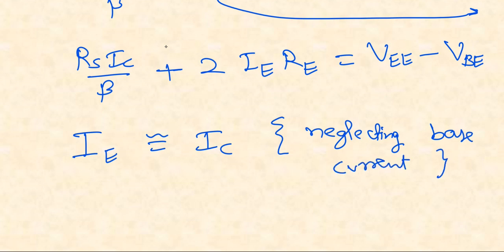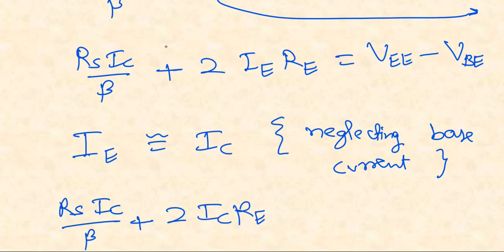Due to this assumption, I am taking the emitter current to be the same as the collector current, because if, let us say, the collector current is 0.1 milliampere, then the emitter current will be around 0.101 milliampere. So approximately both are nearly the same. So I will make this assumption. Okay, so in place of the emitter current, I will substitute the collector current. So RS IC by beta plus 2 times the collector current into RE equals VEE minus VBE.